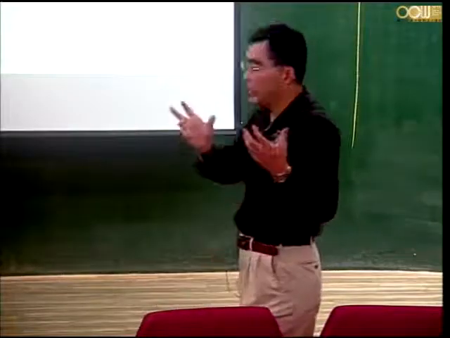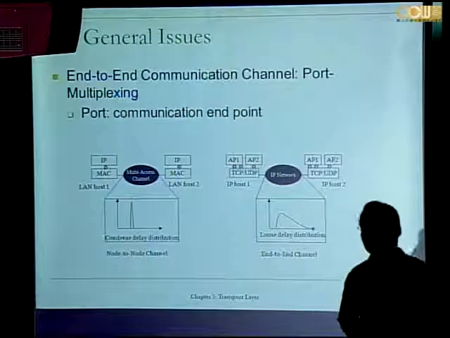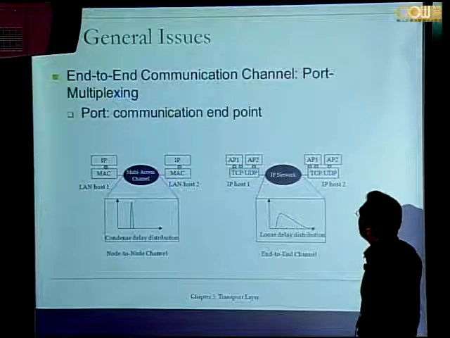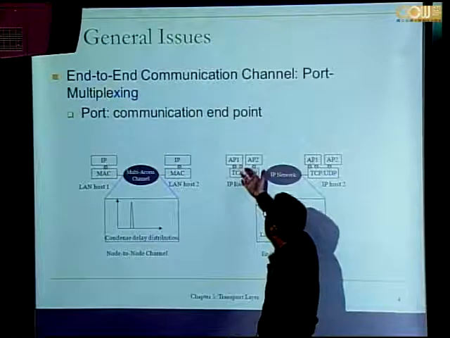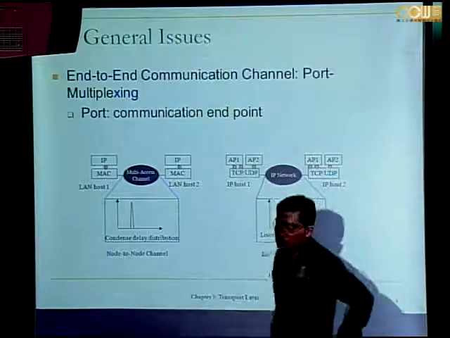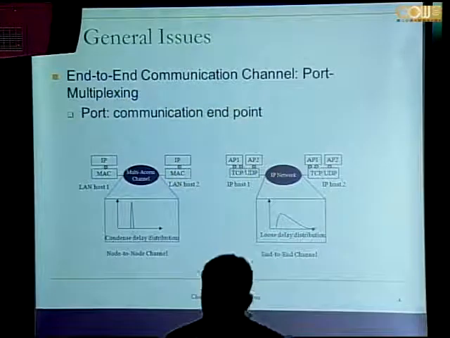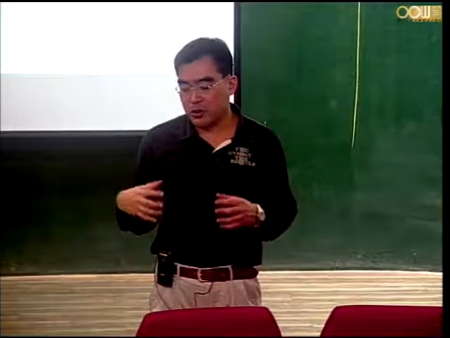With this address, IP address plus port number, I can address that particular process worldwide. That's the reason why we need to provide a port number at the transport layer. So you will see that TCP and UDP, these two transport protocols, both have a 16-bit port number that is used to address the process.